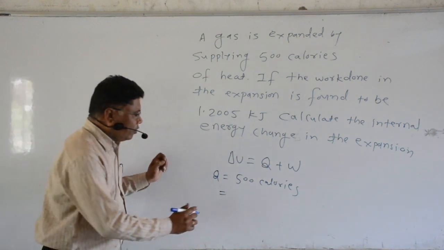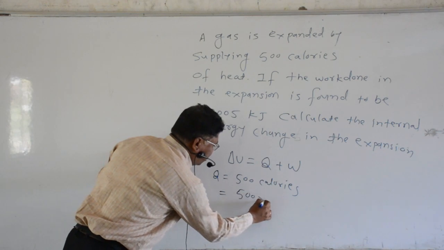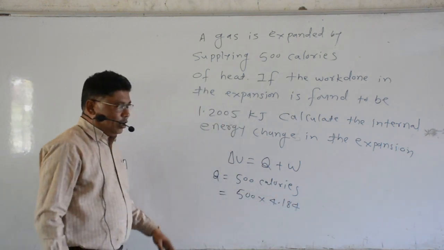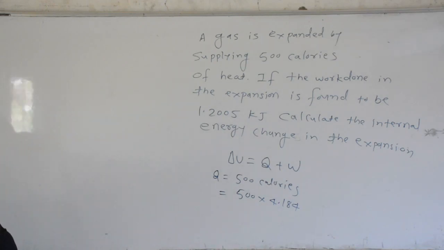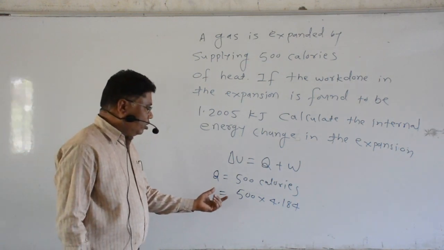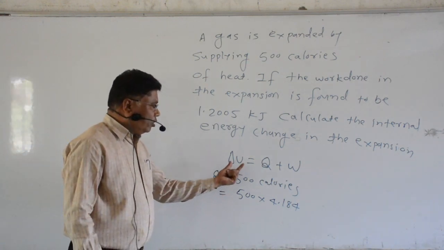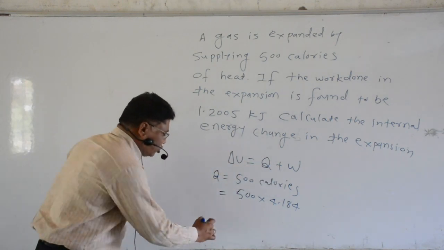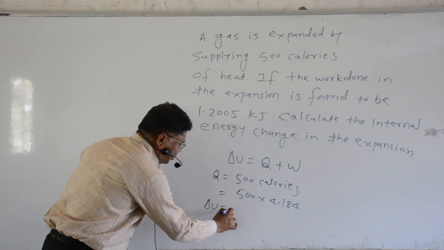That's why 500 into 4.184. So we get this value in joule, and when we convert it into kilojoule, we get the value of Q. You have to put this value of Q and W in this equation. So I will tell you the final answer.